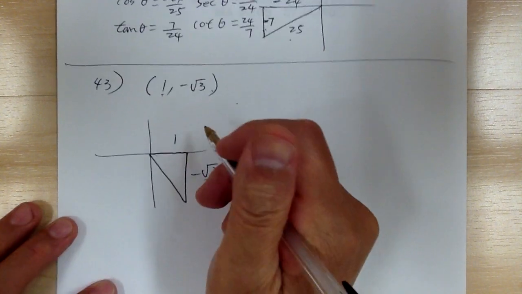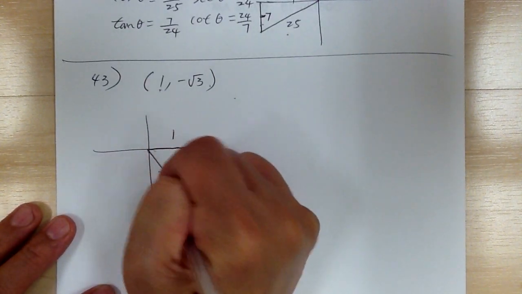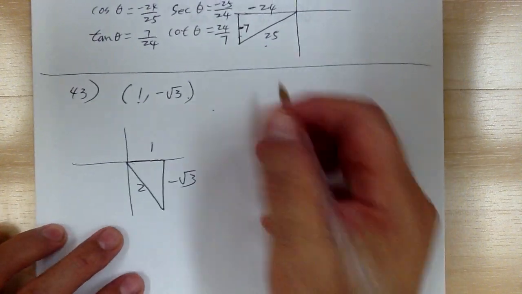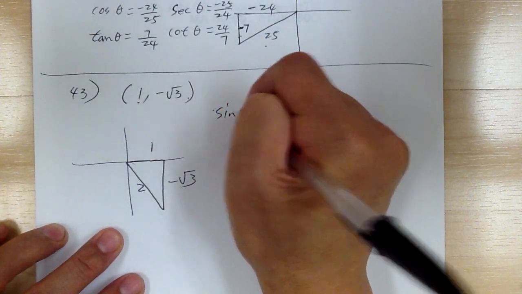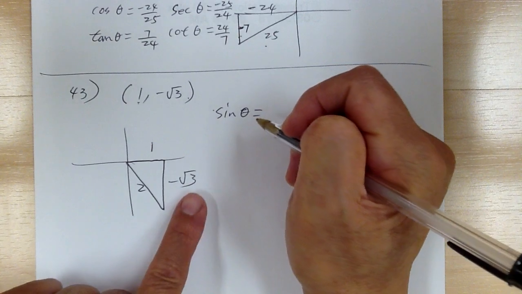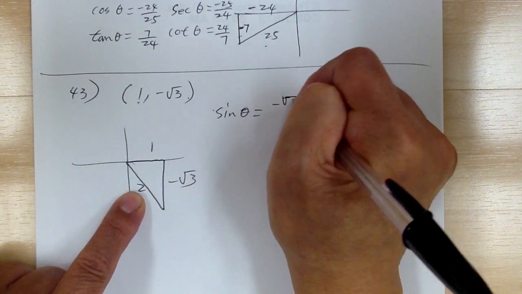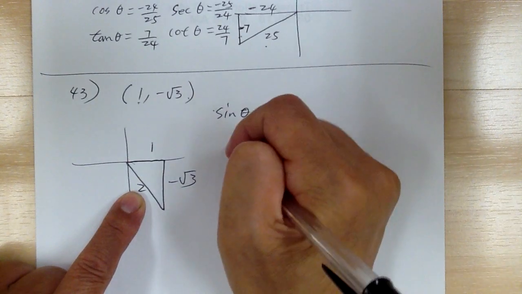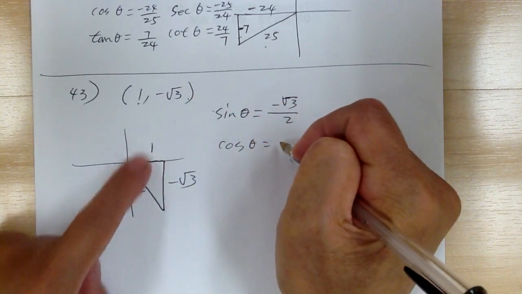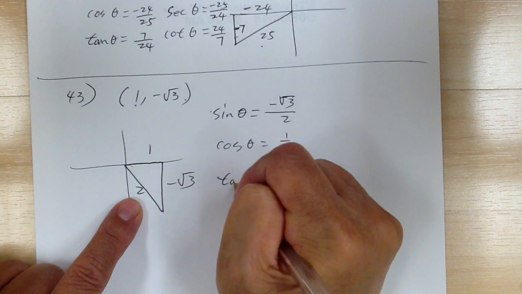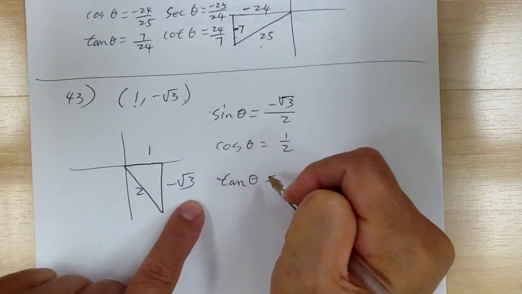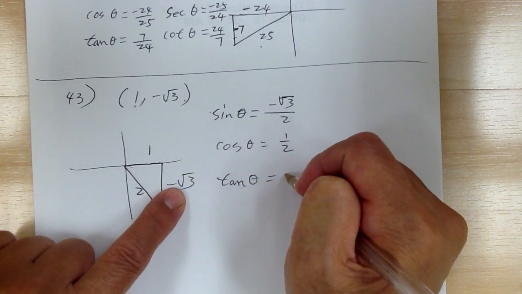From your geometry, this is a special triangle, so the hypotenuse would be 2. From here you can do sine theta. Sine is vertical over hypotenuse, so it would be negative square root of 3 over 2. Cosine would be 1 over 2.